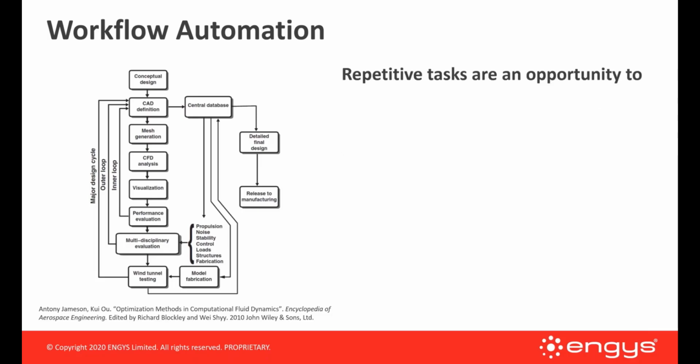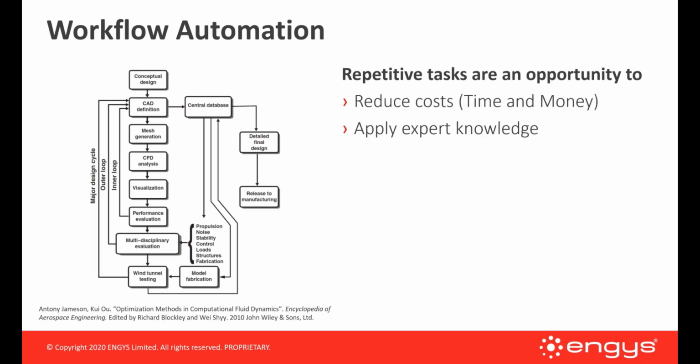Repetitive tasks are definitely an opportunity to reduce costs, so we can reduce time and money. We can also consistently apply expert knowledge. By doing it over and over again, we ourselves can become experts. There's also the potential, if we're doing something over and over, to learn from other engineers and from past experience and apply it to this future repetitive task.